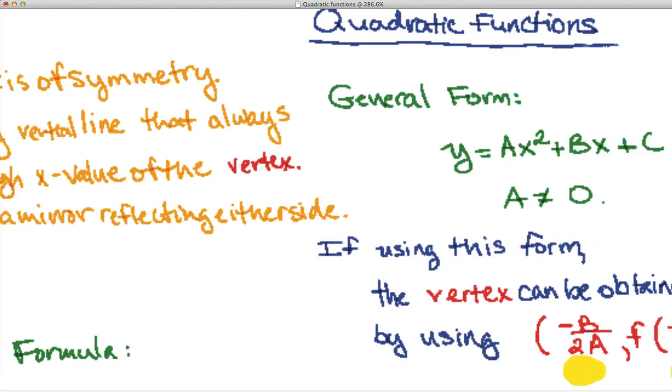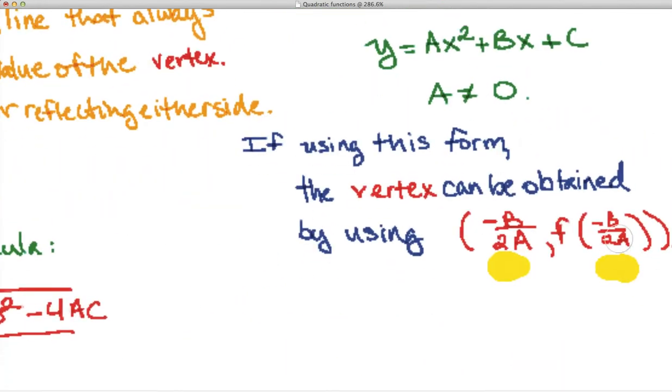So what that means is take your b, the opposite of it, divided by 2 times a, and then take that answer and plug it in everywhere you see an x in your function. Okay, so there's x there, there's x there, and then they'll give you the y value. Anytime you have an x value, to get the y value, plug it into your function for x. Alright, so that's the other way to find the vertex.